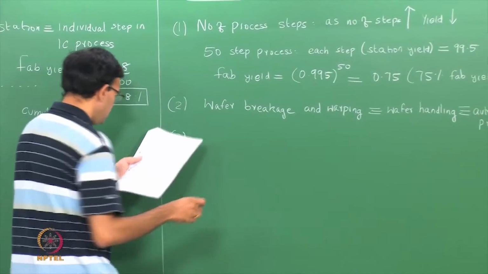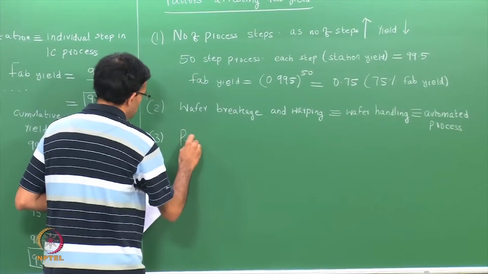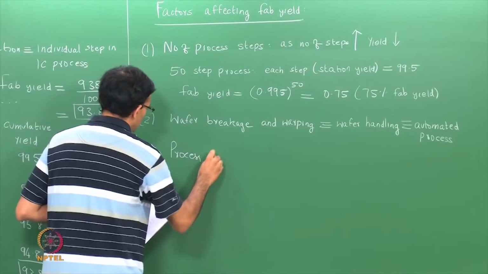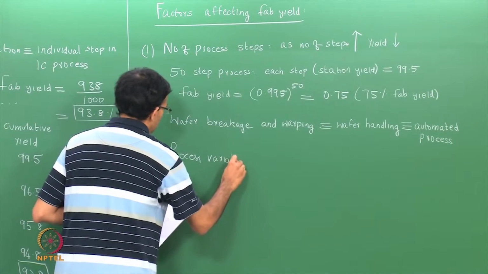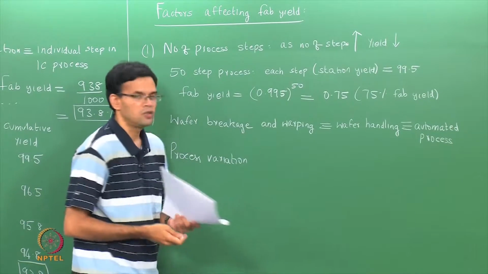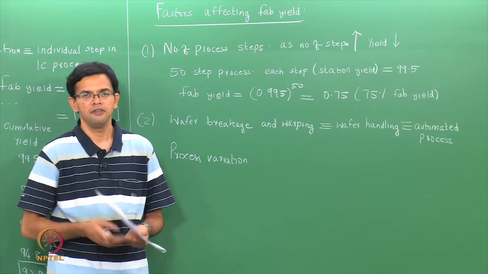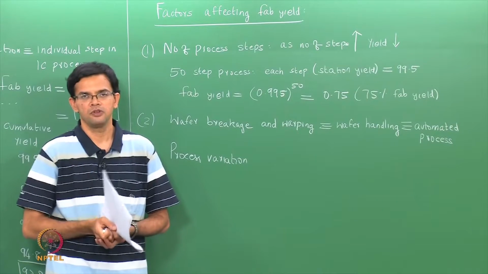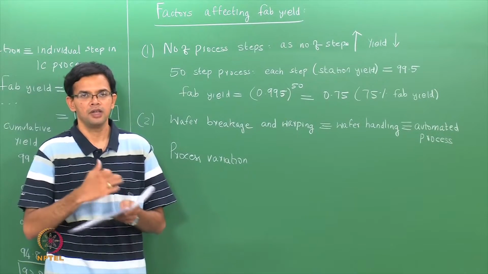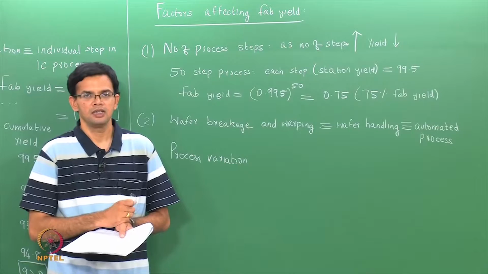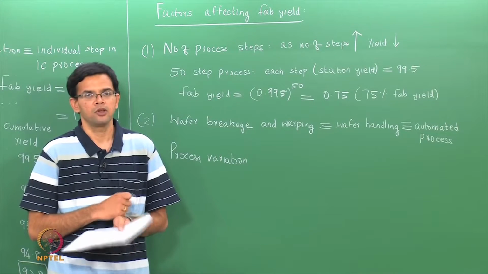The third factor is the process variation. In the last class, when we looked at process evaluation, we defined a process window for each process, which tells you the acceptable parameters that are possible for a particular process.